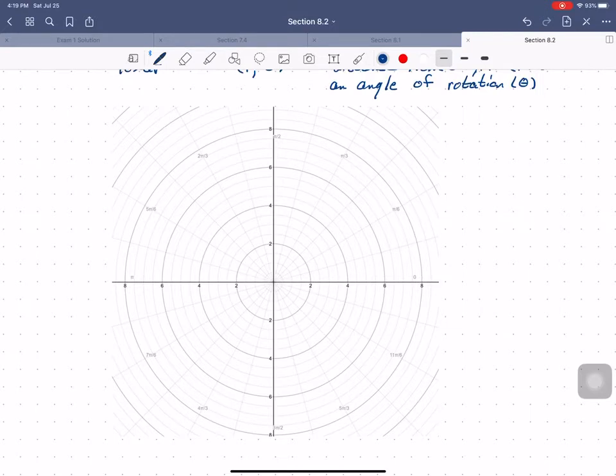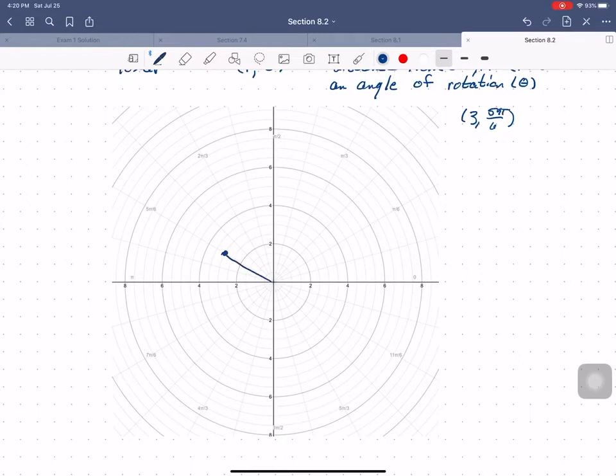So let's talk about, for example, the point 3, 5 pi over 6. We're going to graph this on the polar coordinate plane. Now what this means is we are looking for the point on a circle of radius 3 that is at an angle of rotation of 5 pi over 6. So let's see. Of course, 3 is right there. So how do I know that?